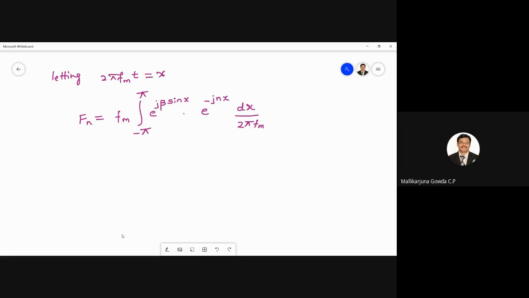Just think 1 by 2 fm, and here I have written dt is equal to dx by 2 pi fm. It's very basic.